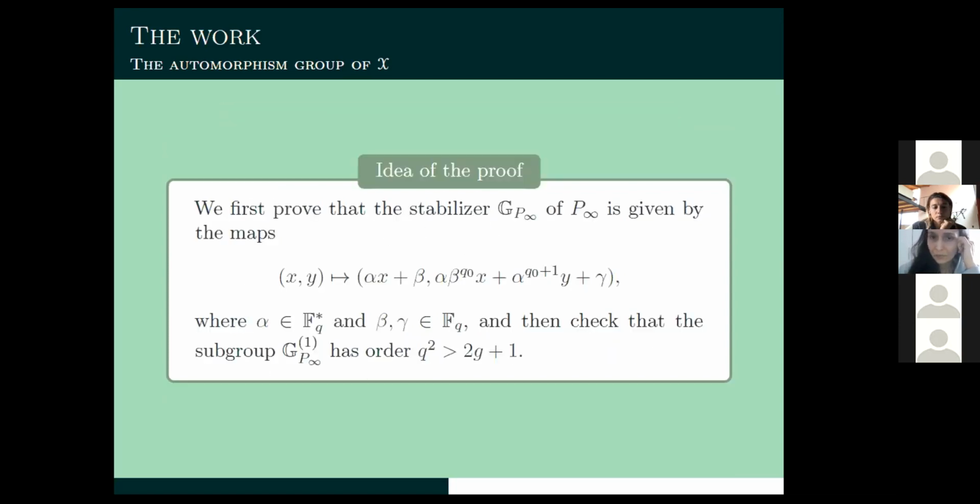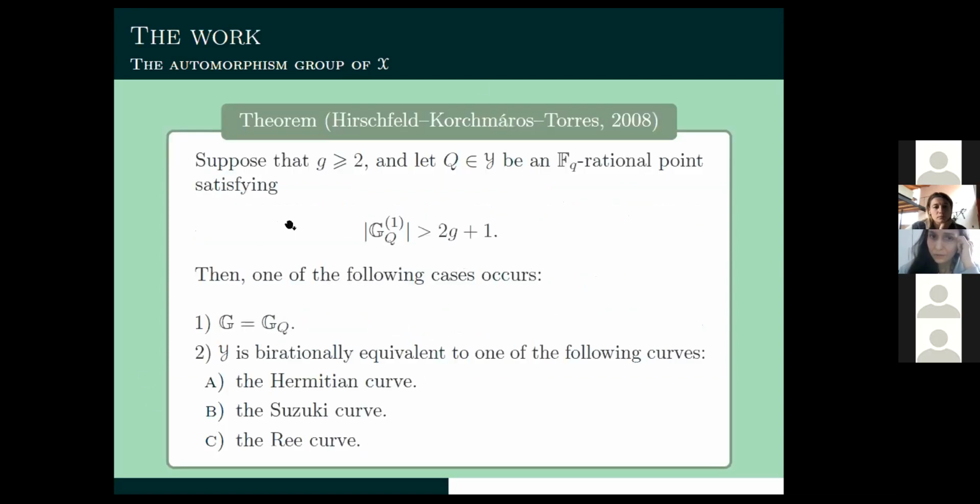And once we have the stabilizer and the first ramification group, and we have the order of this subgroup, we only apply this result, which states that if the first ramification subgroup has order greater than 2 times the genus plus 1, then either the full automorphism group is equal to the stabilizer at a point, or the curve is birationally equivalent to the Hermitian, Suzuki, or Ree curve.